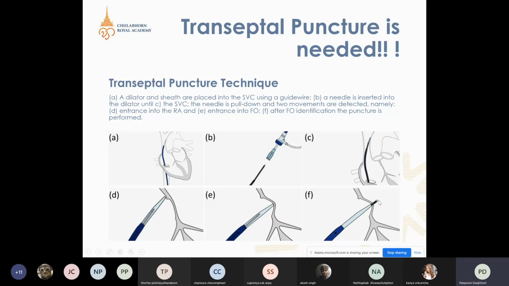And after that, the doctor will try to identify the location of the left atrium by injecting some contrast to make sure. Okay.